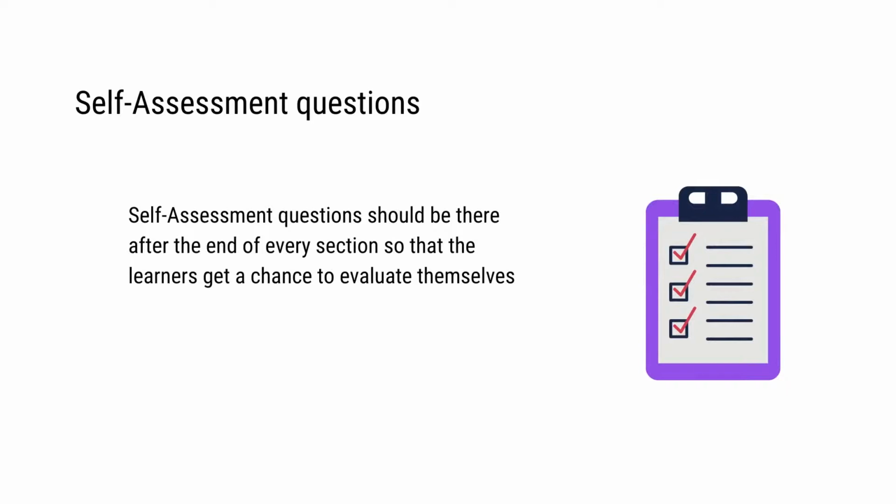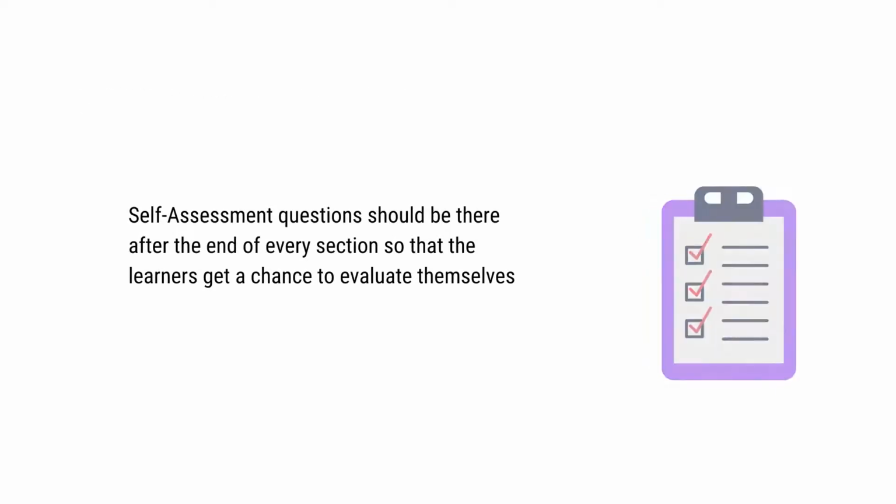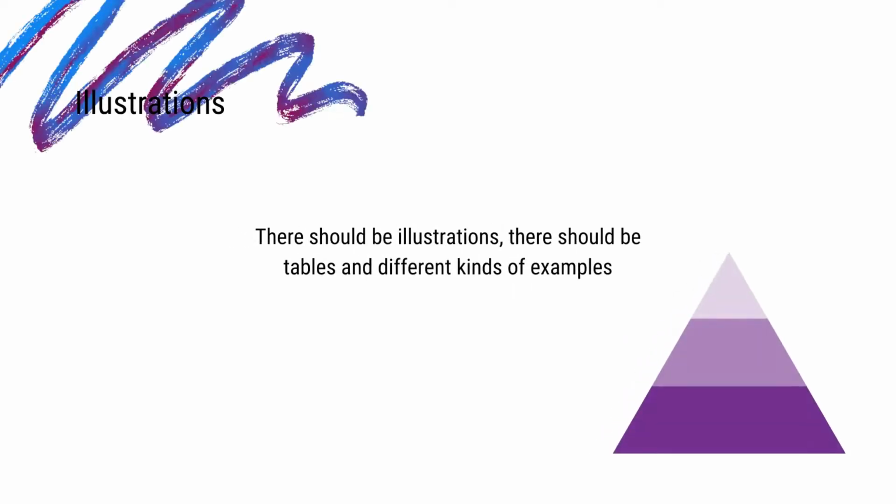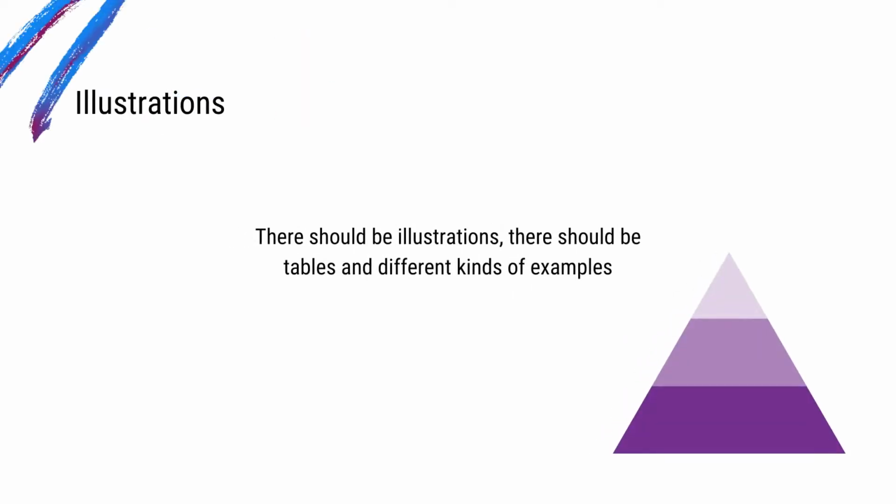So the learners get a chance to assess and evaluate themselves at regular intervals, and check their progress from time to time. There should be illustrations, tables, and different kinds of examples whenever possible, so that learners don't need to refer to any other materials while reading the materials.